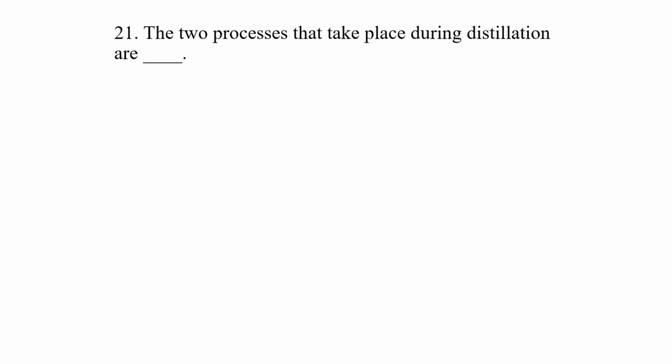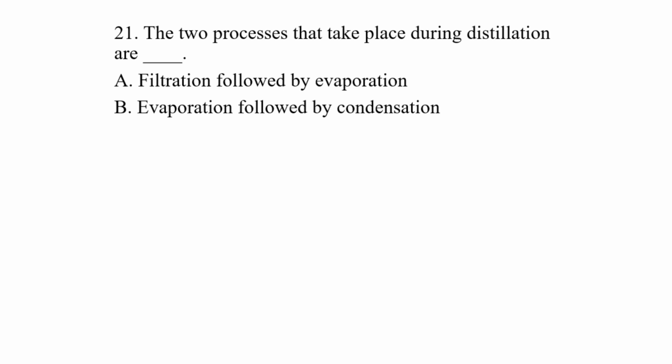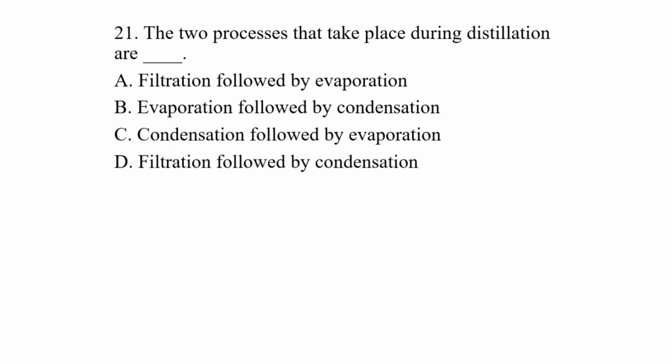Question number 21. The two processes that take place during distillation are A. Filtration followed by evaporation, B. Evaporation followed by condensation, C. Condensation followed by evaporation, D. Filtration followed by condensation.